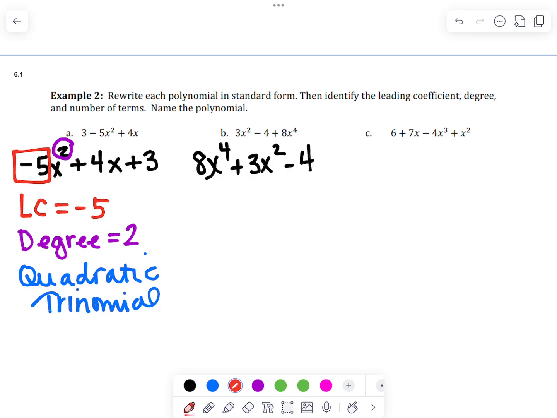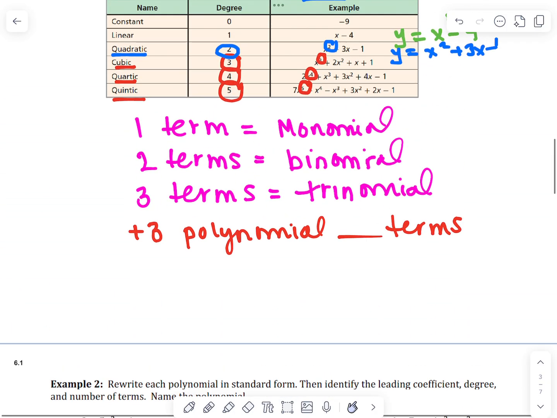We identify the leading coefficient. So that's your leading coefficient of 8. Your degree, that exponent, is 4. So we go up to our chart.